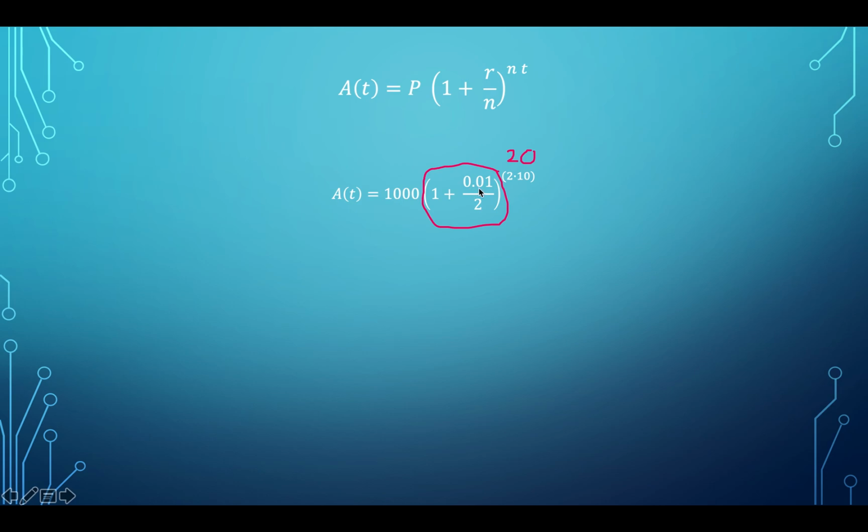Then we do 0.01 divided by 2. Once you get the answer, add 1 to it, and then raise that to the 20th power. Then from there, we're going to multiply that by 1,000. So at the end, we should have $1,485.95 as our final answer.